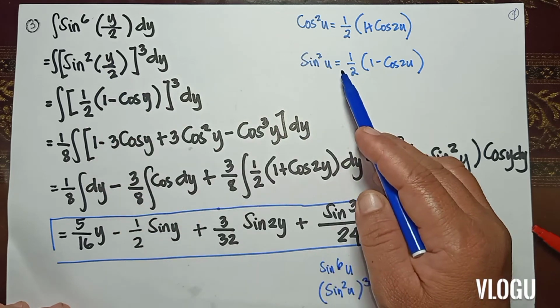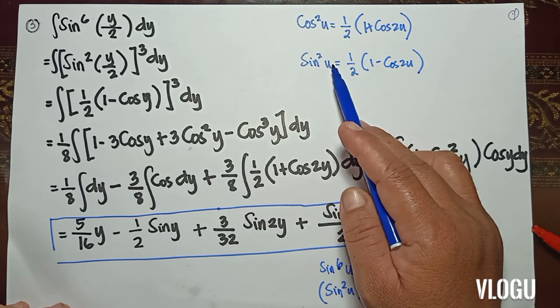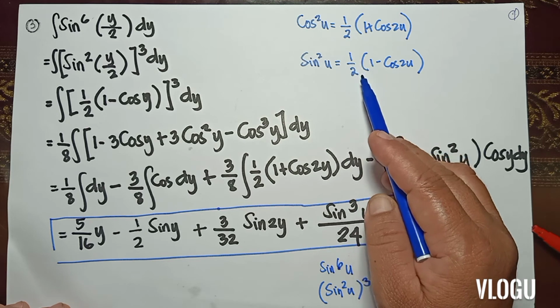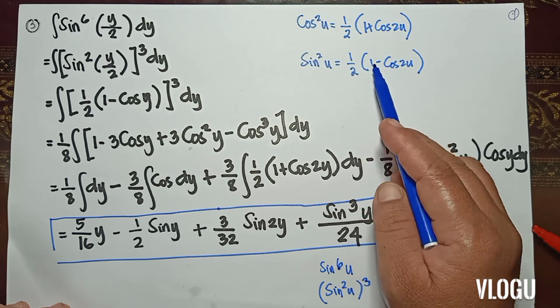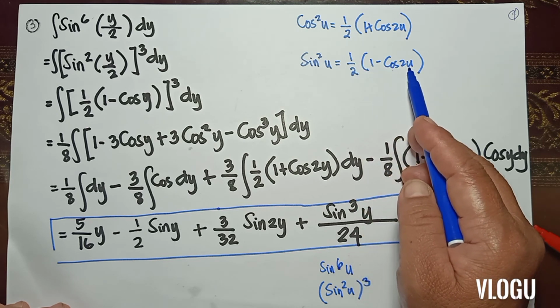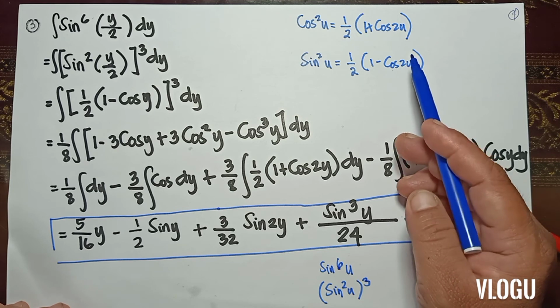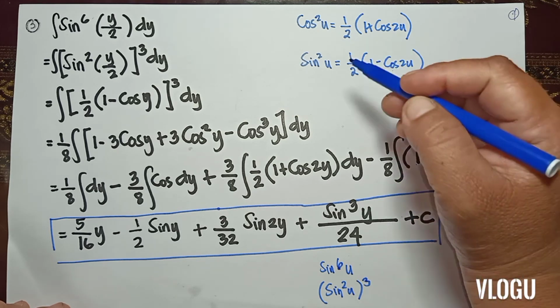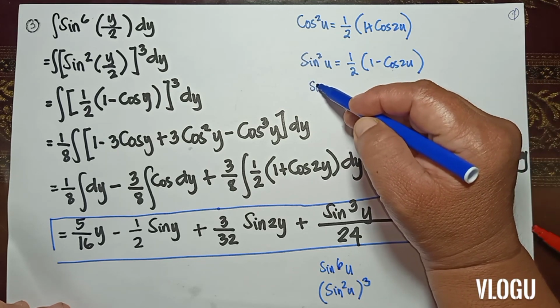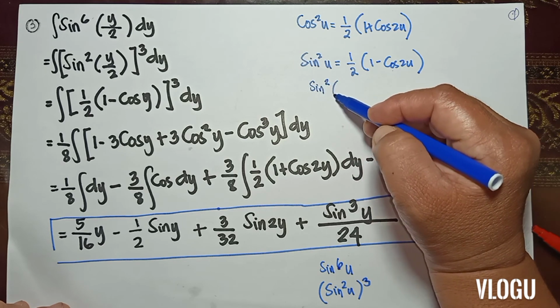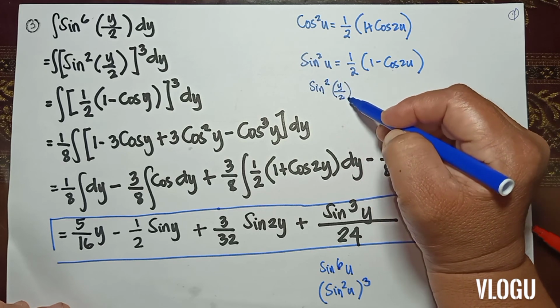Transform that first: sine squared u is equal to 1/2 (1 minus cosine 2u). In our given, we have sine squared y over 2.